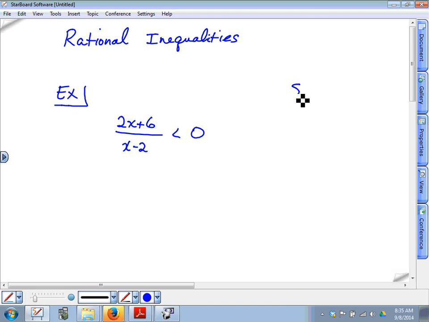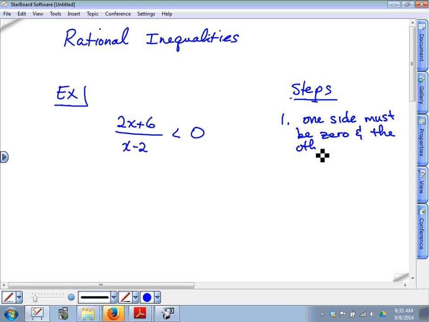Let's go through the steps. Step 1 is perhaps the most important of all. It's not the most difficult, but it's the most important. Step 1: one side must be 0, and that's not all, the other side must be a single fraction.